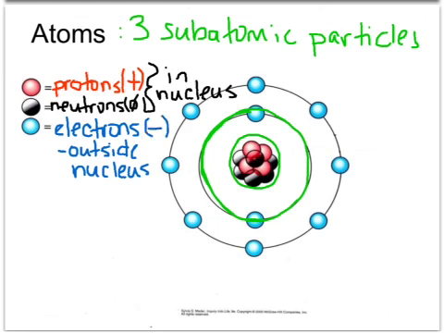So the electrons and the protons are what make the overall charge of an atom. For an atom, the number of protons will be equal to the number of electrons, so that the overall charge is 0.